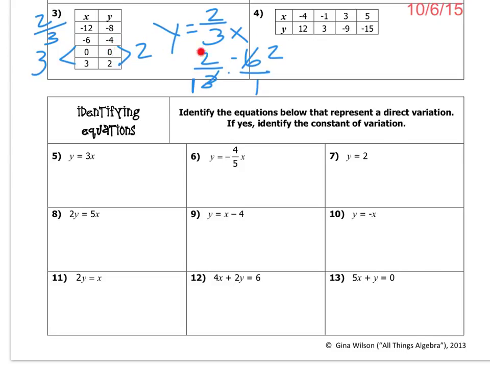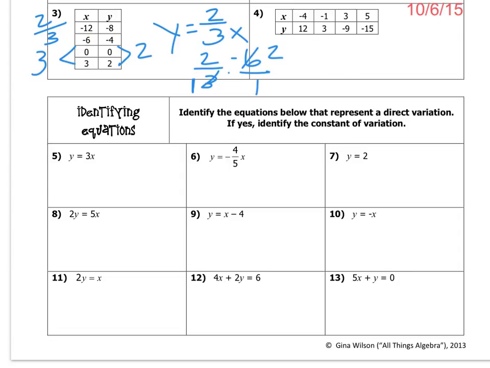So when you multiply x times the 2/3, you should get your y. So -12 times 2/3 is going to give me -8. 2/3 times 0 gives us 0. And 2/3 times 2 gives us 2. So it's the change that we do to our x that's going to change our y.